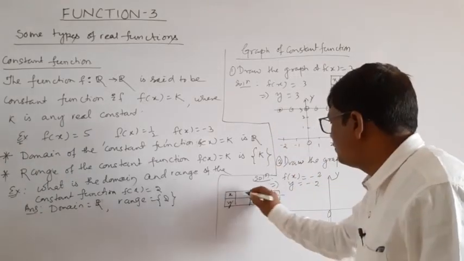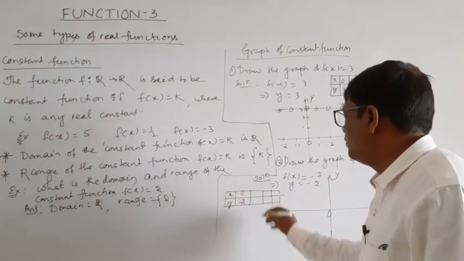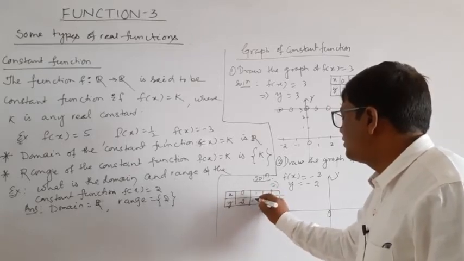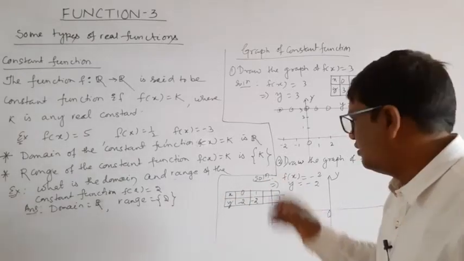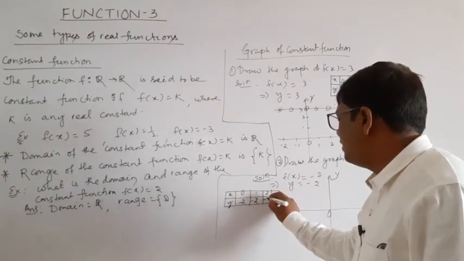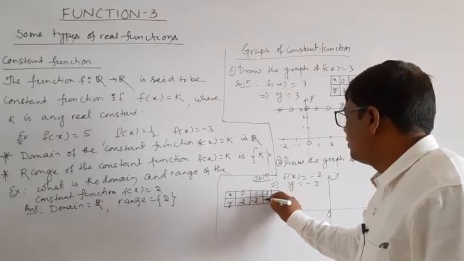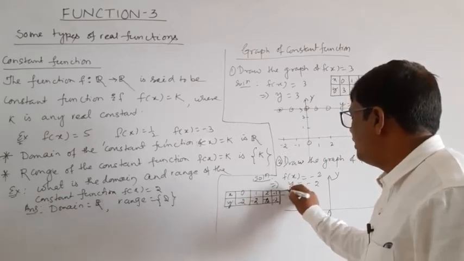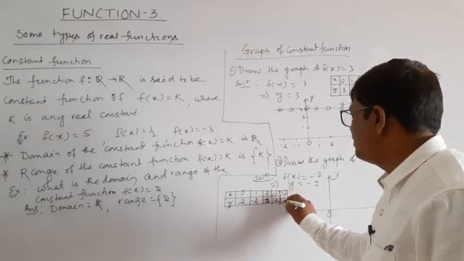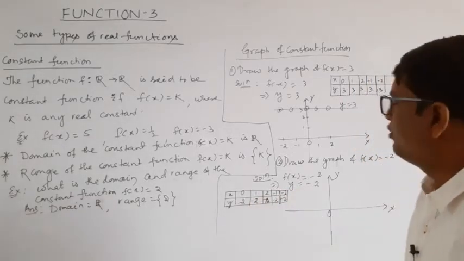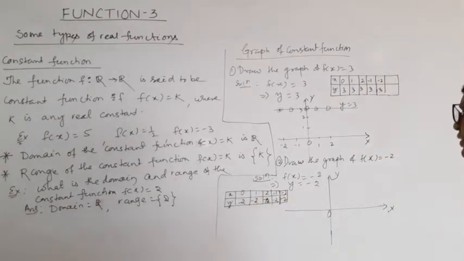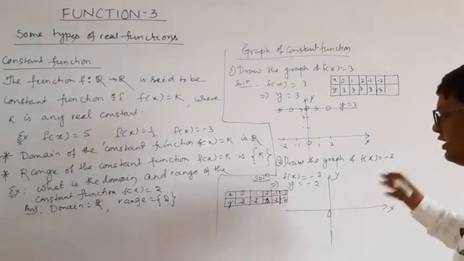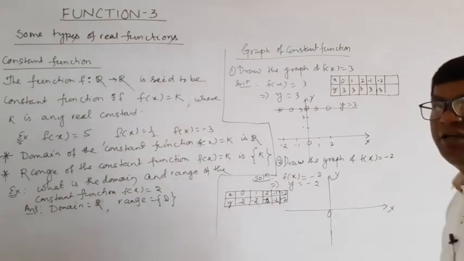X is equal to 0, y equal to minus 2. X is equal to 1, y is equal to minus 2. X is equal to 2, y equal to minus 2. X is equal to minus 1, y is minus 2. X is equal to minus 2, y is equal to minus 2. So the value of y remains the same for every real value of x.